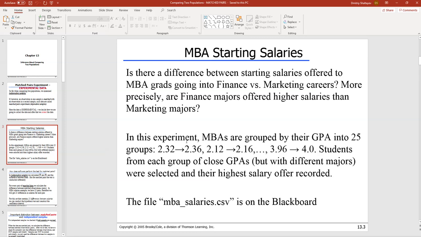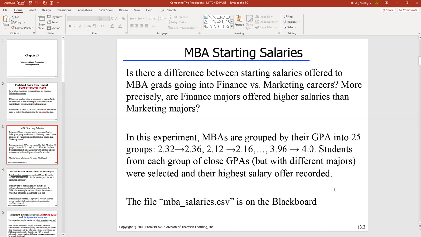That is an additional factor we don't want to play a role, because we're asking the question: everything else being equal, do finance graduates with an MBA degree get higher offers than marketing graduates? Therefore we have to somehow exclude possible GPA differences from consideration. This is how it's done in this specific example.